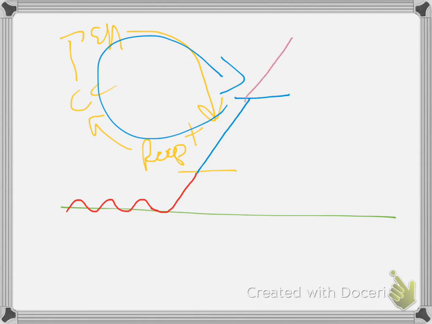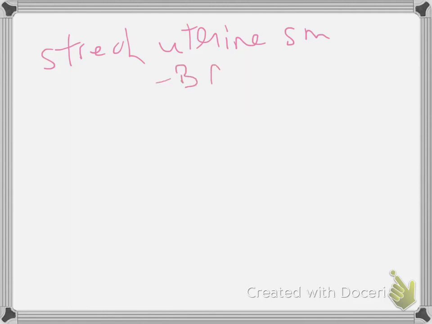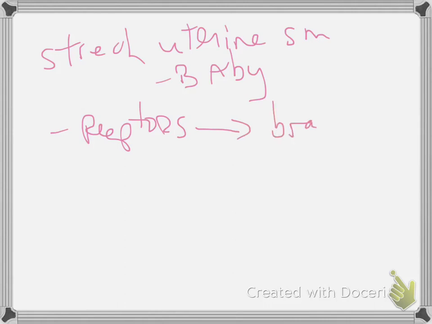If you think about labor contractions, so we get the stretching of the uterine smooth muscle by the baby. That triggers receptors. They send a signal to the brain, specifically the hypothalamus, which then also acts as the effector, and it releases oxytocin.